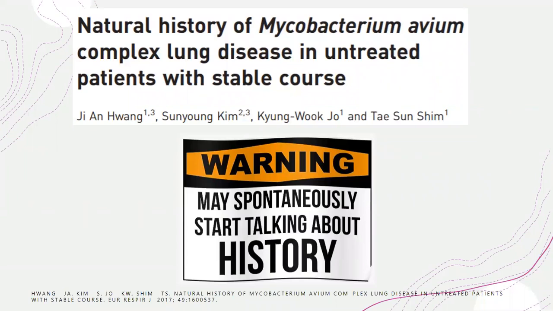That's something I wanted to highlight here in this study, which looked at exactly that question: how does the natural history of this pulmonary infection progress in patients that are left untreated? This was 488 patients with MAC pulmonary disease in Taiwan, and they were followed for at least 1 year. In that 1 year, about 60%, specifically 62.5%, demonstrated progression of their disease.